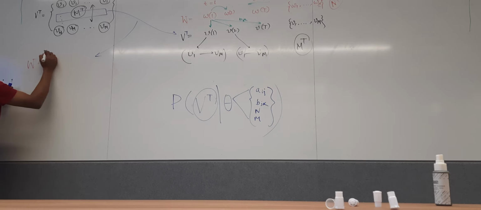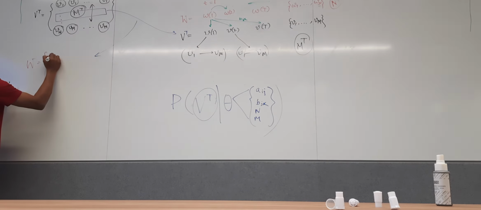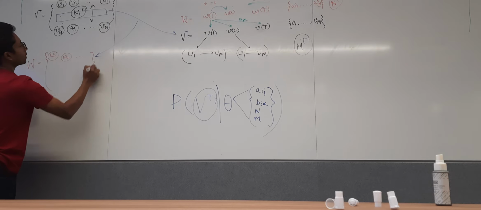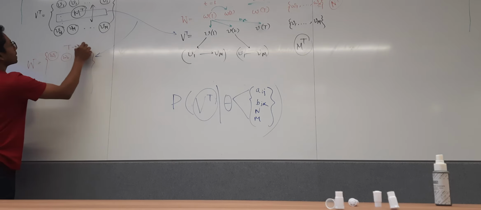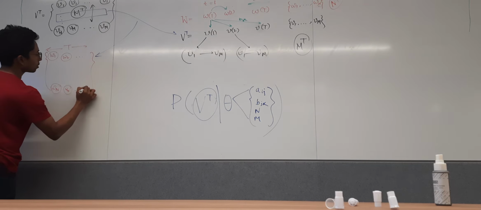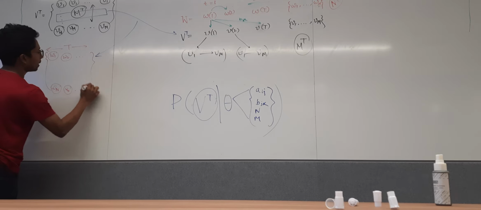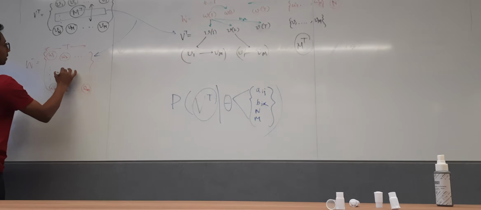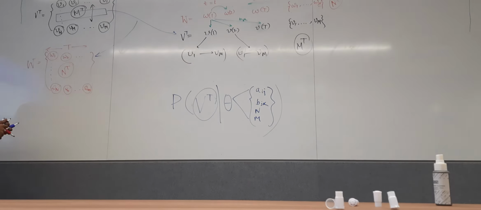Omega equals, we start the same way, omega 1, omega 2, the length here is again t, and there is n, so the last state can be omega n. And how many of such sequences can be possible? N to the power t.